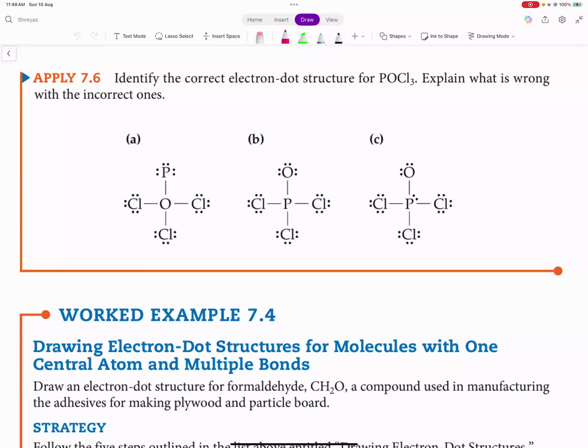Which one are you saying is correct? B, right? Yes, sir. Okay. And why? Sir, because phosphorus has a complete octet configuration.